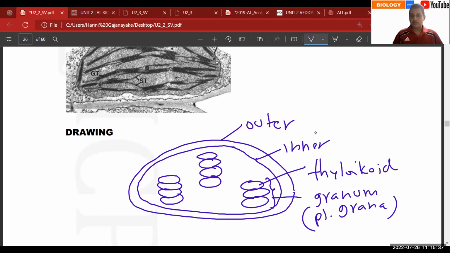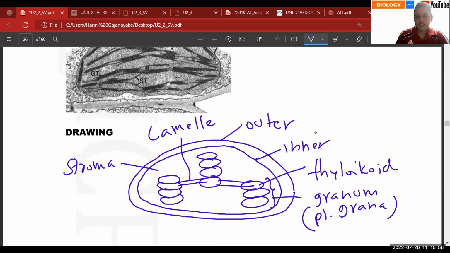And this one granum is connected with other granum like this. This structure is called lamella. And this one is called not matrix, this time it's stroma. In mitochondria, it is matrix, here it's stroma.